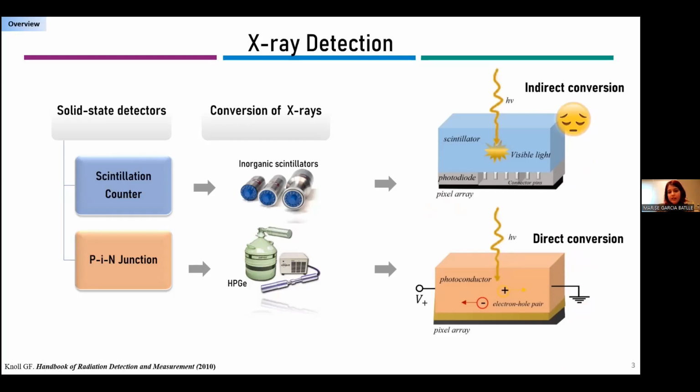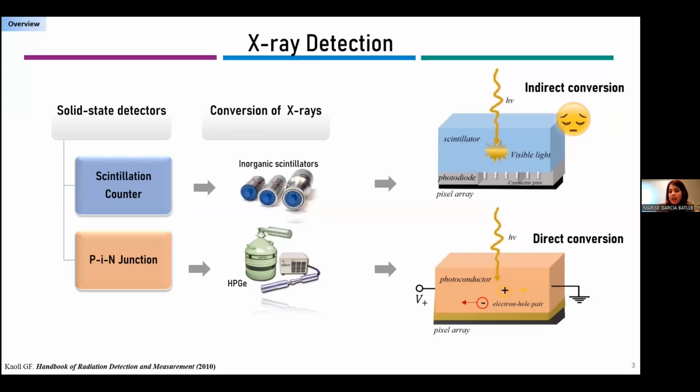Of course, both technologies are used nowadays, but we found some disadvantages or drawbacks in the use of scintillators, because in order to absorb X-rays, we need to use thick layers, but in order to avoid optical crosstalk, we need to use thin layers.